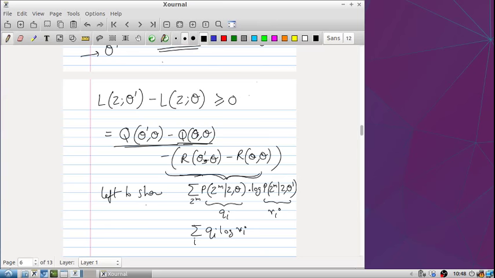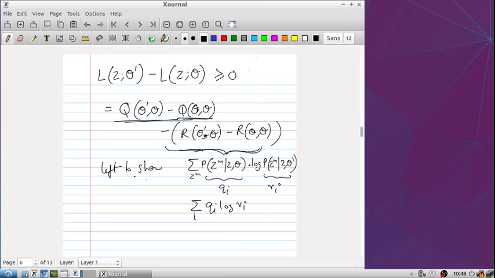Two different distributions. You're summing over Zm, the hidden variable, or the missing variable. Maybe it takes some values, let's say 3 values, and the sum over i is from 1 to 3. All I'm saying is there are two distributions, sum of qi log ri. That's your R function, right?